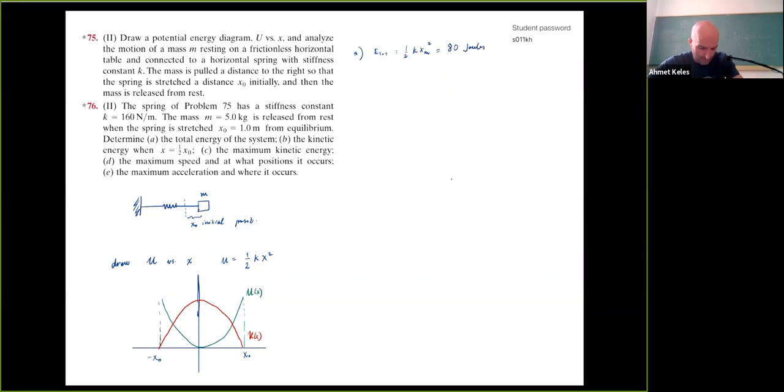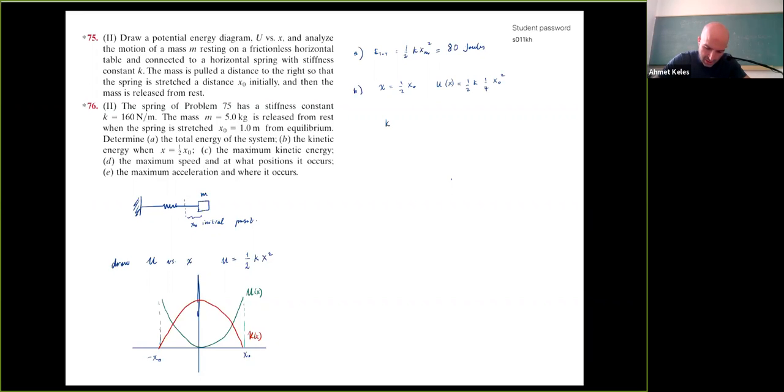B, kinetic energy when x is equal to 1/2 x naught. I can calculate U of x, which is 1/2 k times the square of this, 1/4 x naught squared.